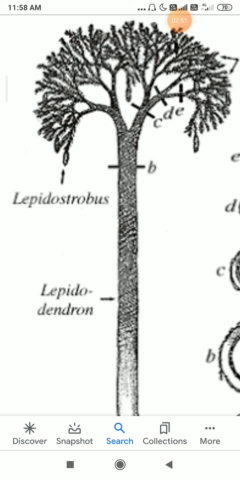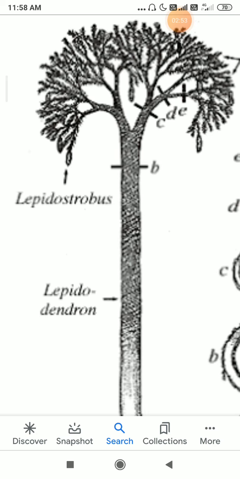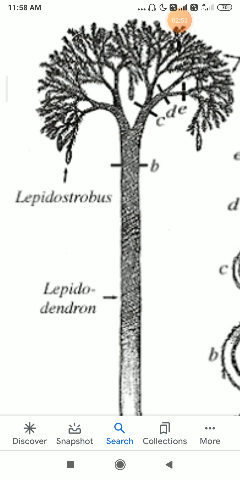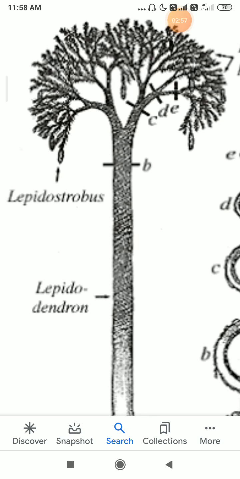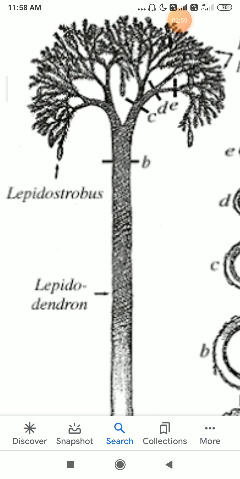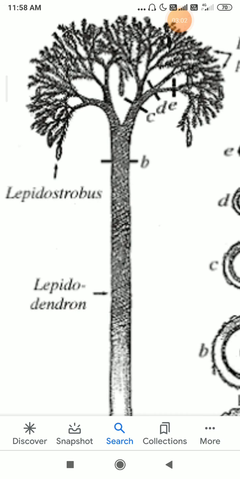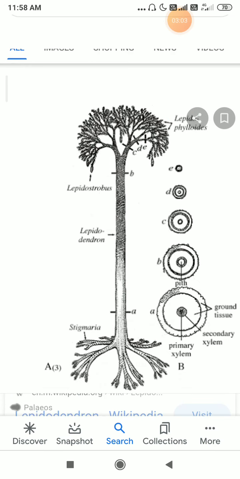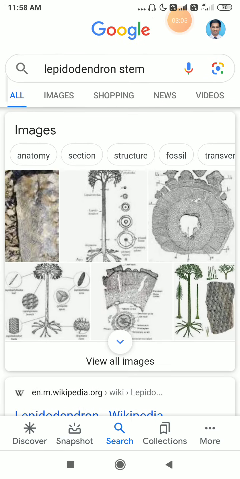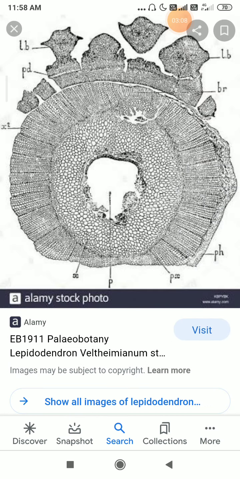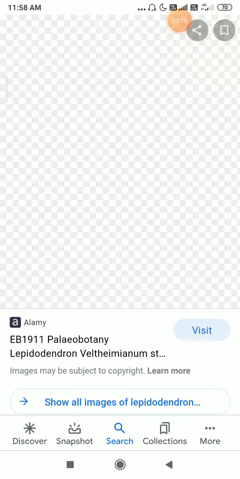The trunk was attached to the typical Stigmaria root-like system. The base of the trunk is divided into 4 massive rhizophores, and strobili are present at the terminals. This is how the structures occur.